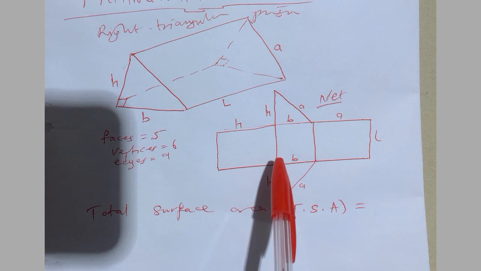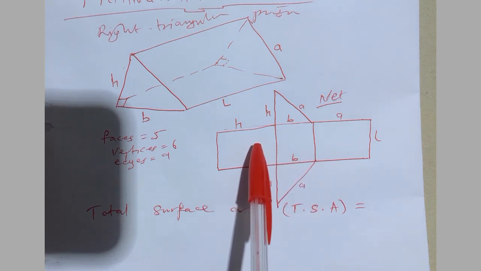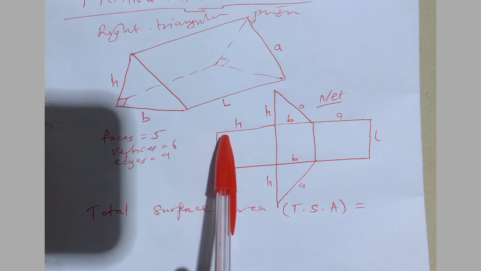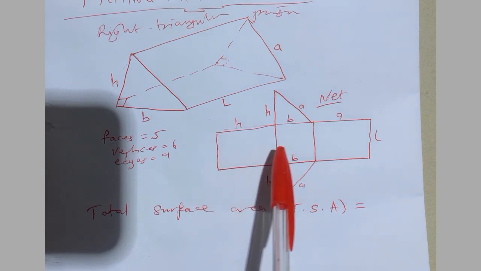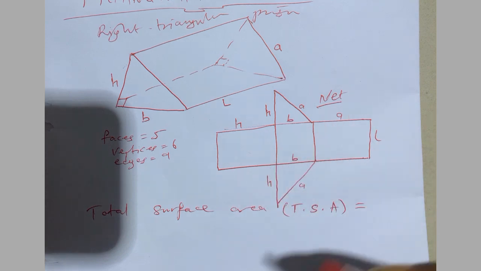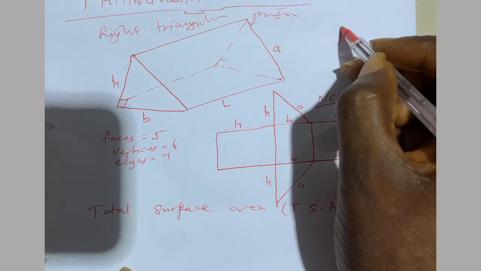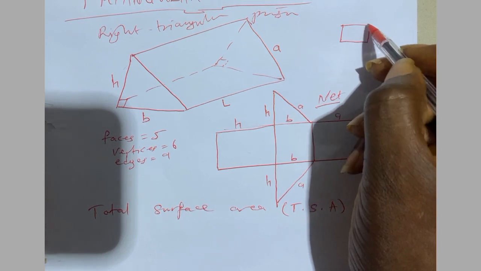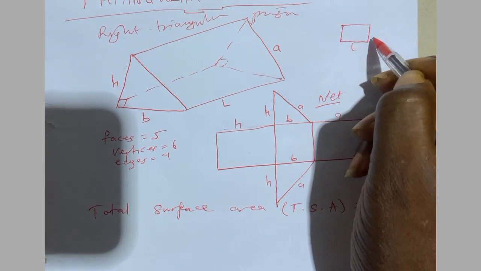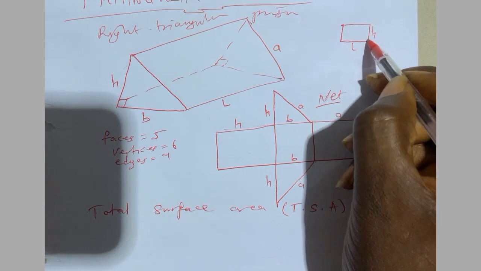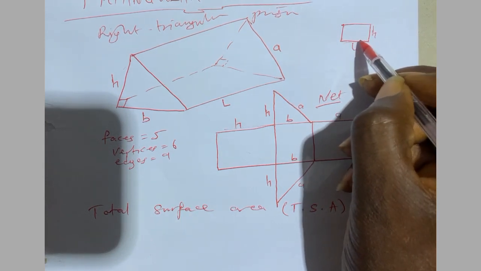Now, looking at this, you can see that since here is H and here is L, right? These three shapes, they are quadrilaterals. And then the formula for finding the area of quadrilateral, for instance, a rectangle, right, is gonna be the length times the what? The height that we have over here, isn't it?